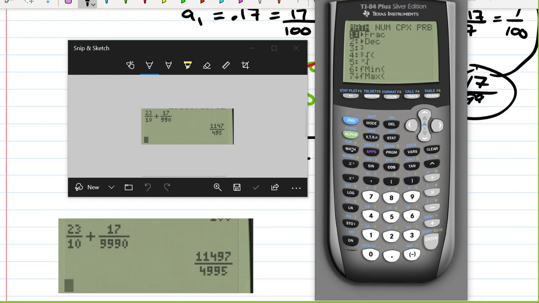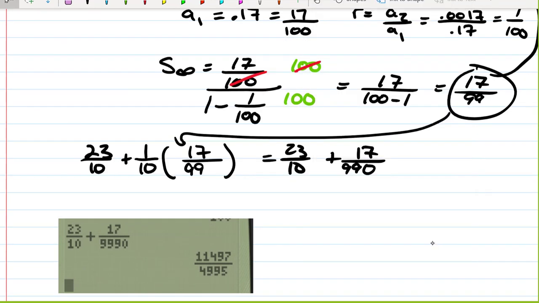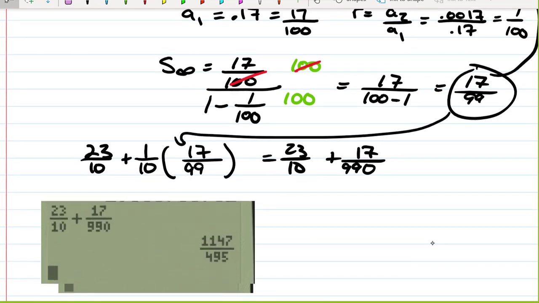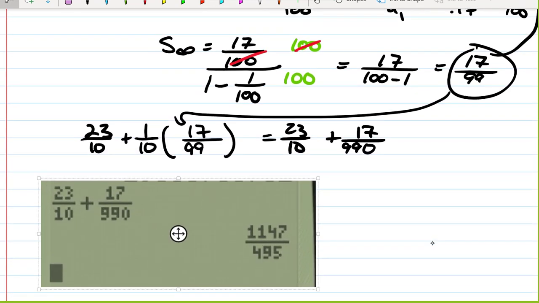And if we approximate that using our decimal, we actually get back what we're supposed to. So, yeah, it should have been 17 over 100 take away 1 is 99, not 999. So, I don't know what happened there. Brain glitch.